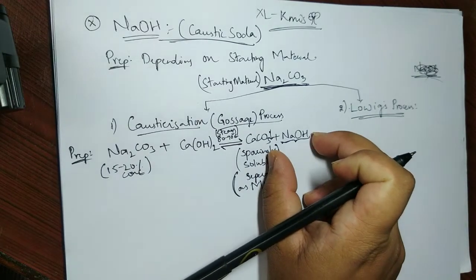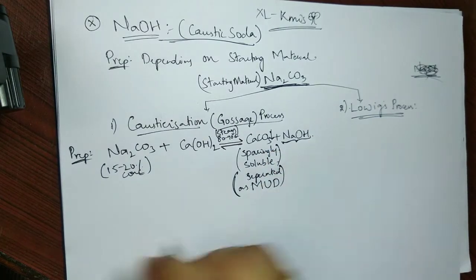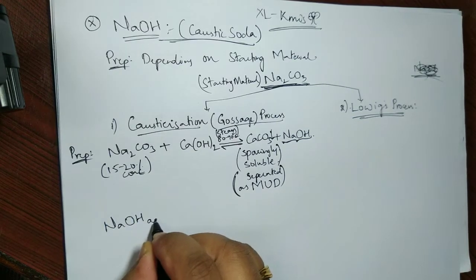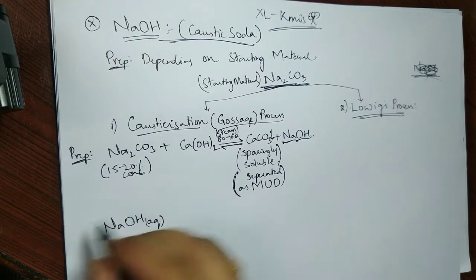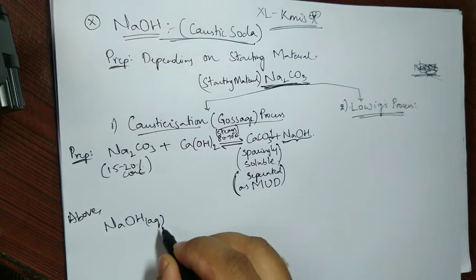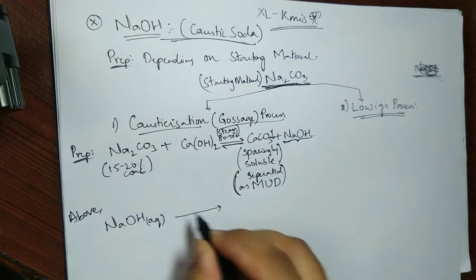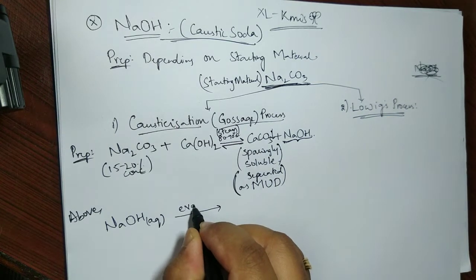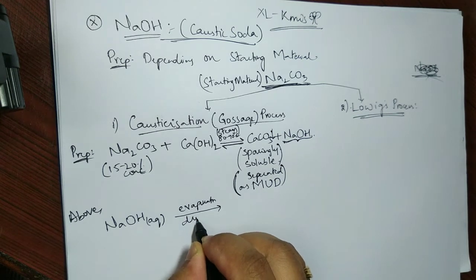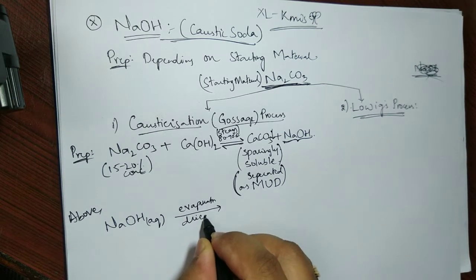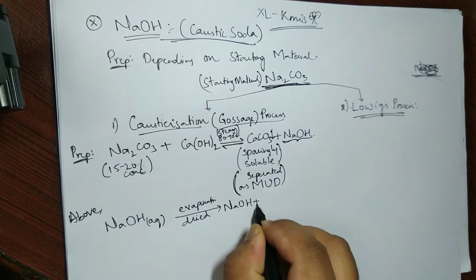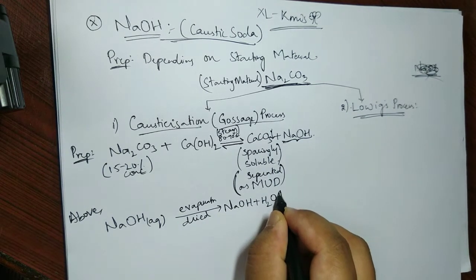Now from the NaOH solution I have to get my NaOH. The NaOH solution, written in aqueous form, on heating or evaporation to dryness, gives me sodium hydroxide, and the water molecules just evaporate.